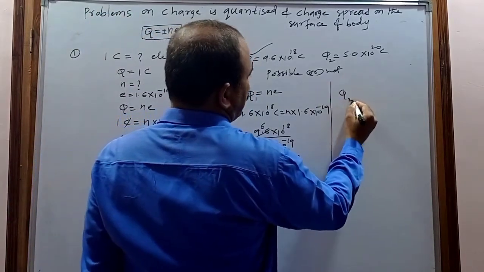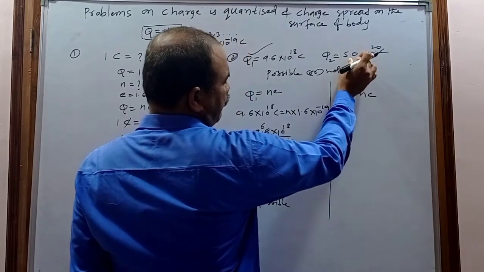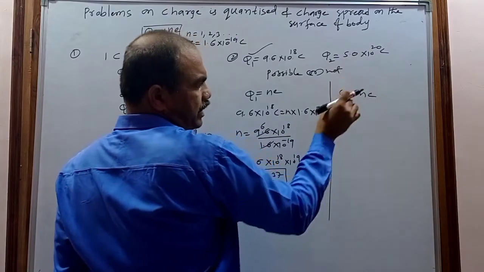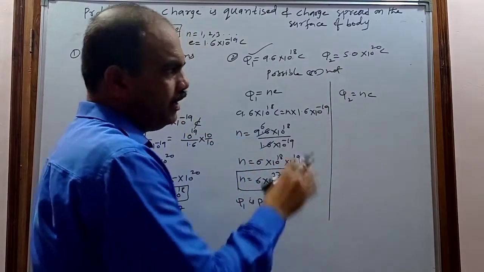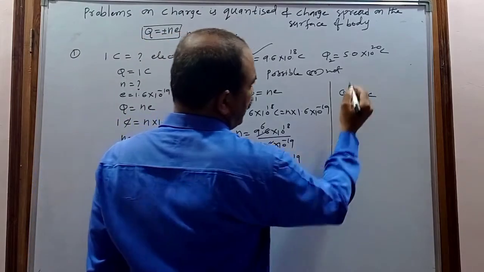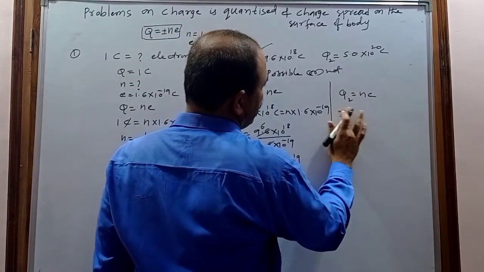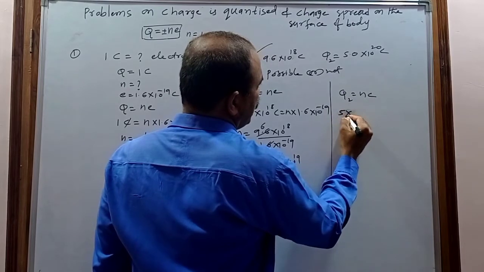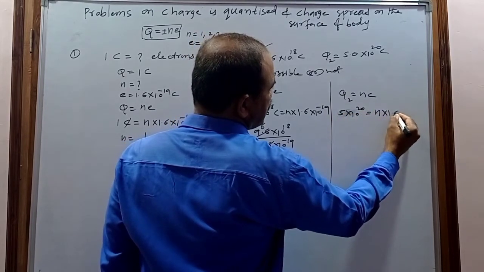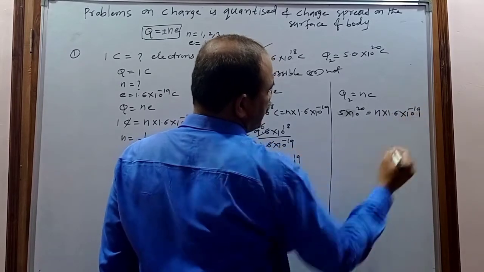So Q2 = ne. If we find the n value using this charge and it is an integer, then it is possible. If it is not an integer, it is not possible. Q2 is 5 × 10^20 = n × e, where e is the electron charge, 1.6 × 10^-19 coulomb.